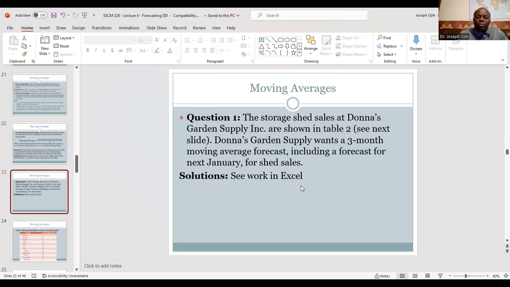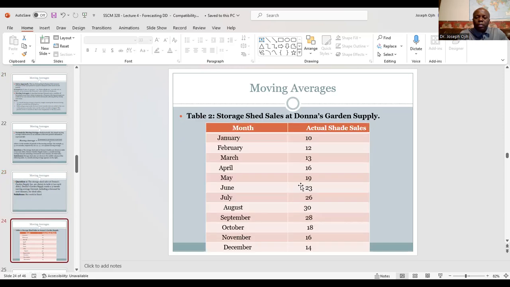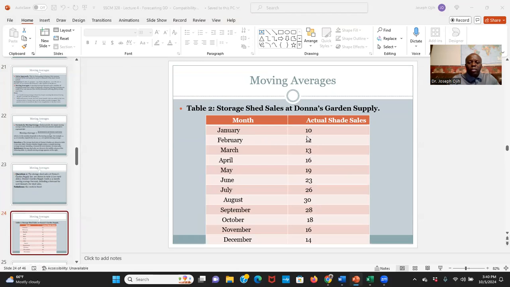So let's try an example. The storage shed sales at Donors Garden Supply Incorporated are shown in Table 2. Look at the sales for each month. January is 10 storage sheds sold. February, 12 storage sheds were sold.